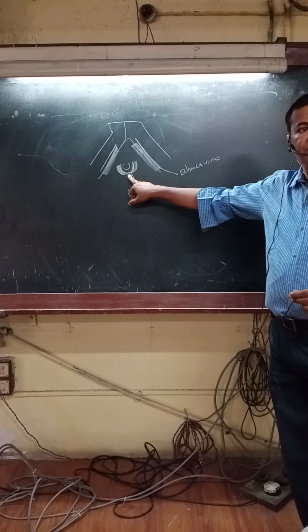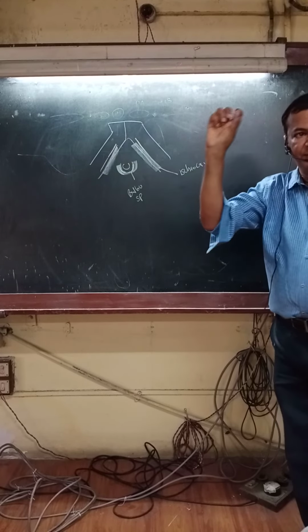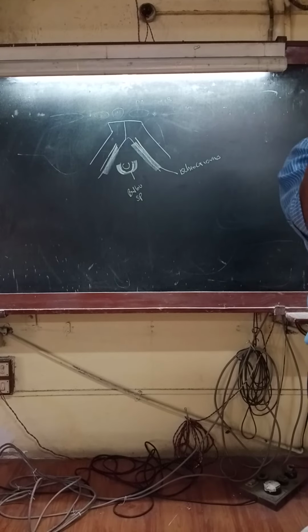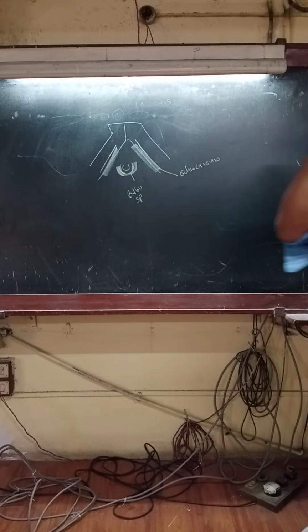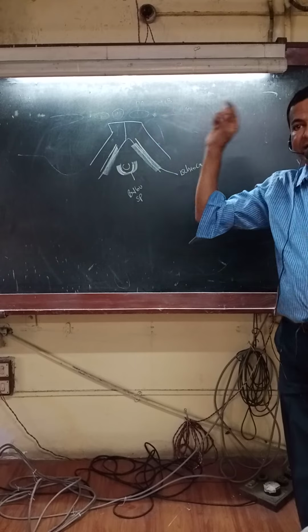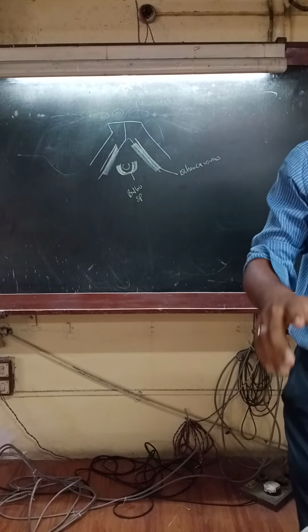This bulbospongiosus will squeeze the bulb of the urethra, and it is the one which ejects the final drops of urine and semen. Okay, so bulbospongiosus keeps on contracting towards the end of urination, especially to eject the final drops of urine, and at the end of sexual intercourse to eject the final drops of the seminal fluid. Okay.